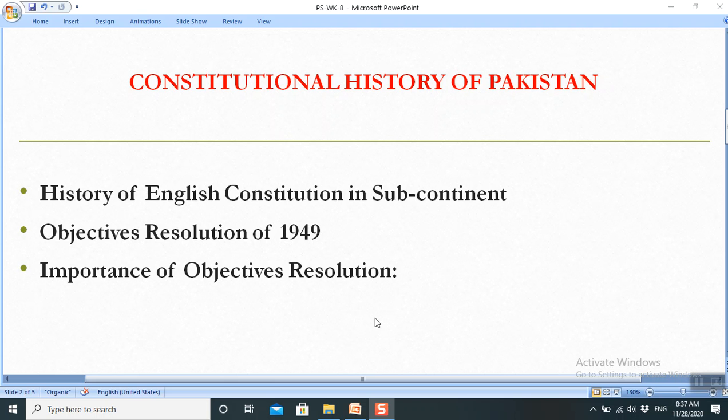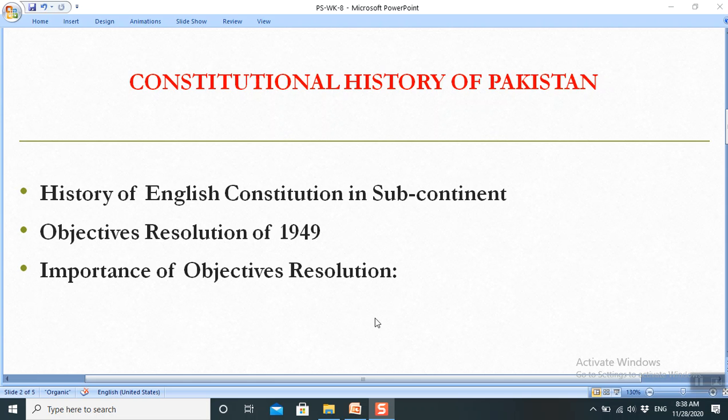Under this act, the subcontinent was divided into Pakistan and India. Fine. This is a little precise history of the English constitutions in Pakistan and India, I mean United India.